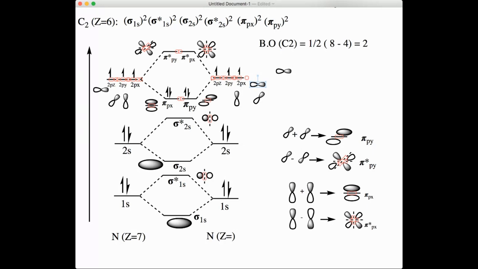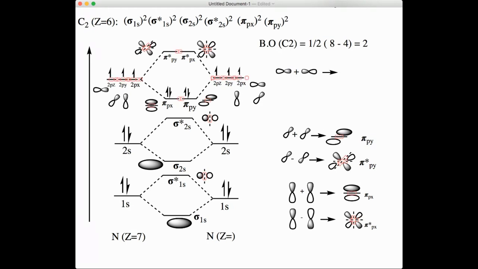So combining these p orbitals in phase, meaning that they are facing one another with the same phasing, that would be something like this. Combining them in phase, meaning that the two lobes facing one another have the same phase, will lead to a bonding molecular orbital. I don't know if I'm going to be able to draw it.